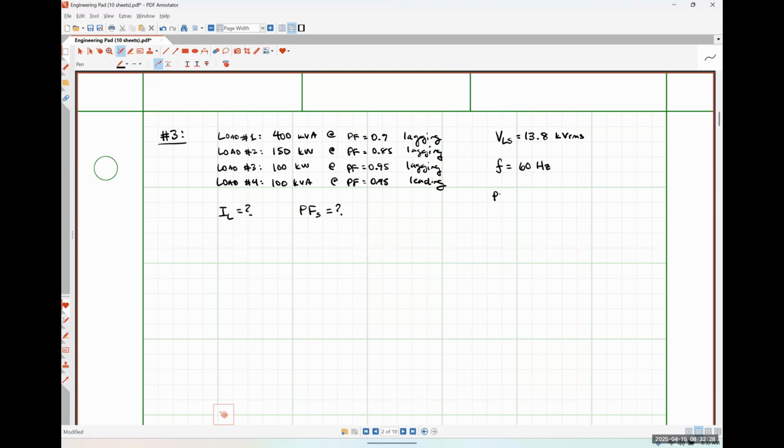So let me just make a note over here. PF new is equal to 0.975 lagging, and we're asked to find the capacitance CY. Okay.